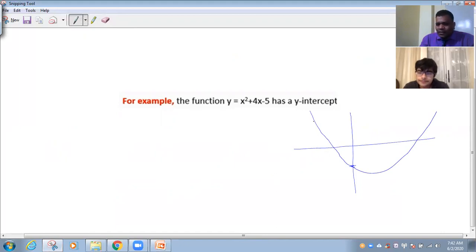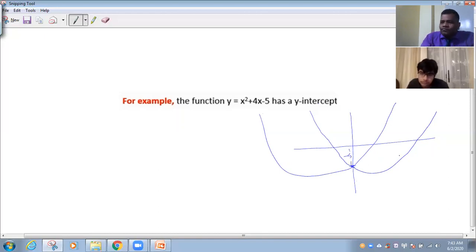It can even go something like this also. We don't know from where it's going, because for that we need to identify the vertex. I'm not calculating exactly where the vertex is, I'm just giving a rough idea. It has to cut the y-axis at minus 5 because we are getting a y-intercept of minus 5.